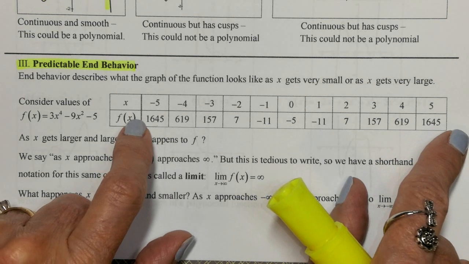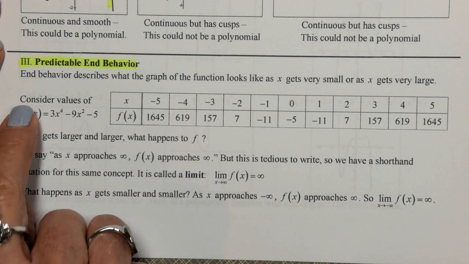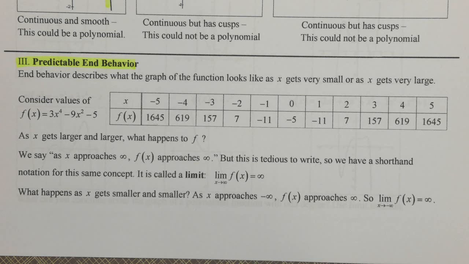What do you think would happen? We're only at -5. What do you think would happen as x got extraordinarily small, like approaching -infinity? What do you think it would be? It would be huge and positive, true?